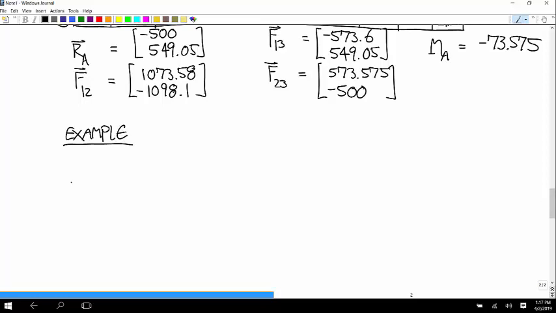Okay, so let's say that we have 2 members connected to the wall by pin joints. They're connected to each other by a pin joint.